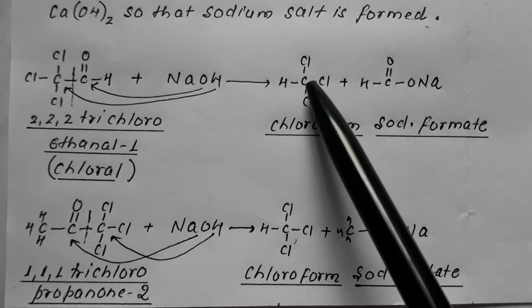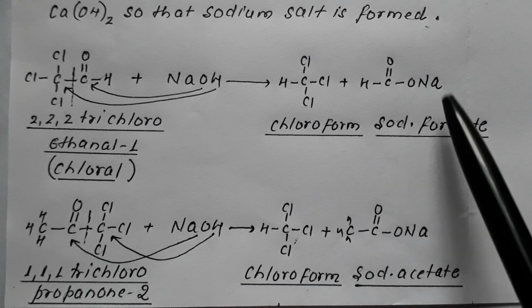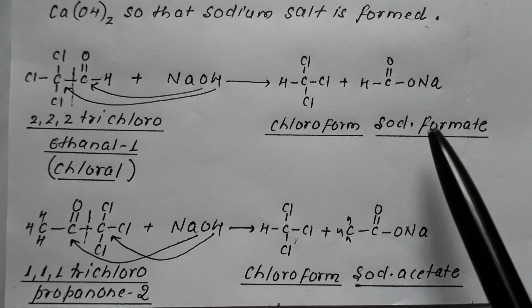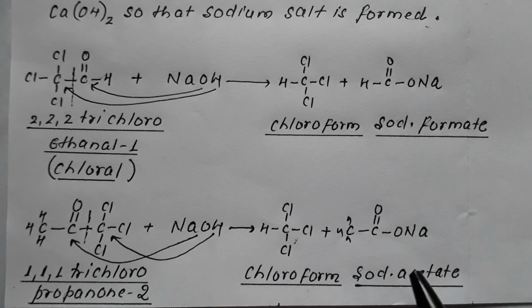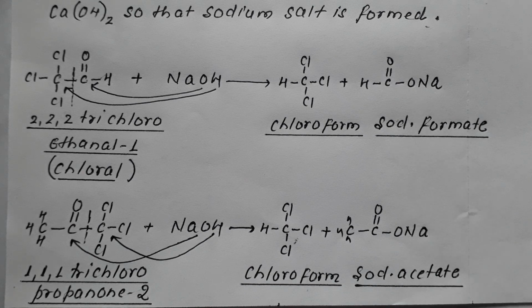So in both cases we are getting chloroform, along with the sodium salt instead of calcium salt, which is insoluble, and hence it is not contaminated. The chloroform which is obtained is ultra pure and not contaminated because they are completely insoluble. Therefore, we follow this process to obtain ultra pure chloroform.